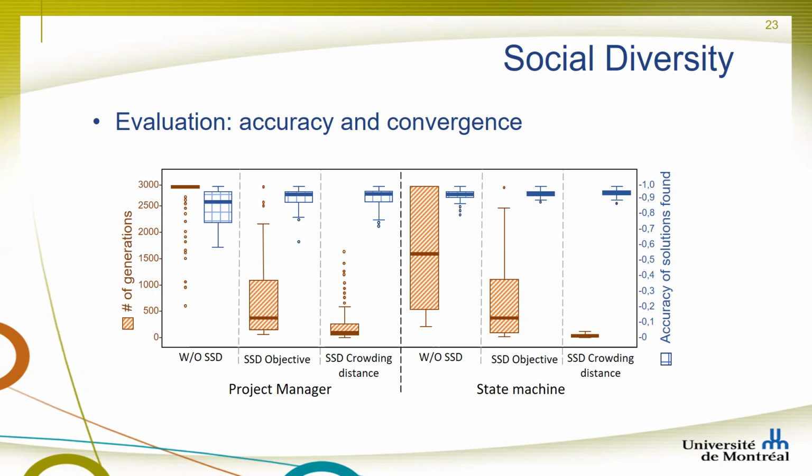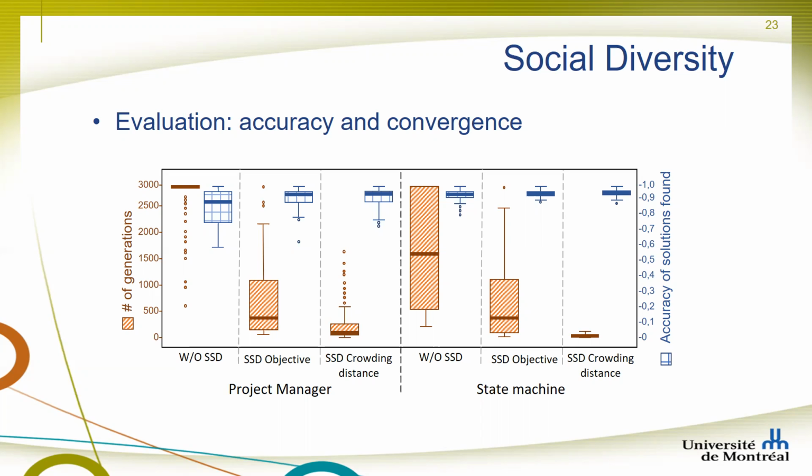Okay, and as you may see, here we have the number of generations, the best solution, and how many generations it takes to find the best solution, which gives you an idea about the convergence. And in blue, we have the accuracy of the solution.